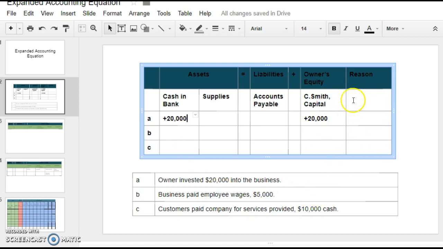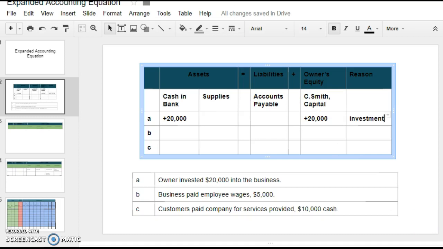Now, I want you to be aware that anytime, like we've done in the past, you affect owner's equity, you need to tell me why. It makes it a little bit easier, and it will get you to understand the expanded accounting equation. So the owner invested, or I should say it was an investment, and it affects the capital.